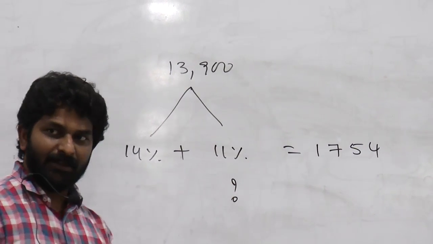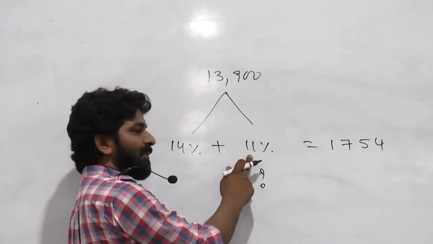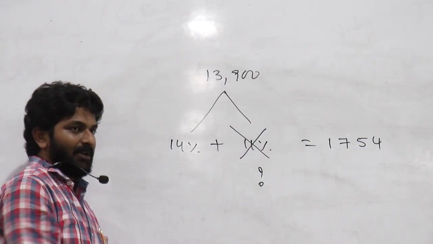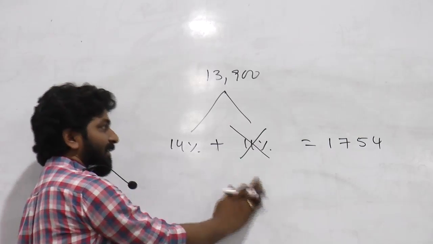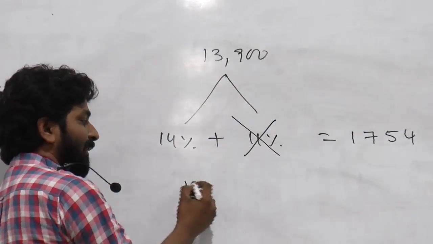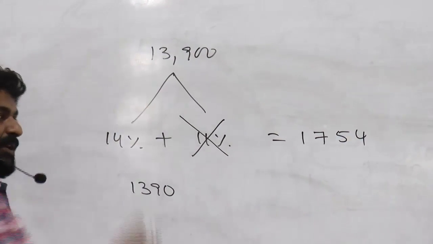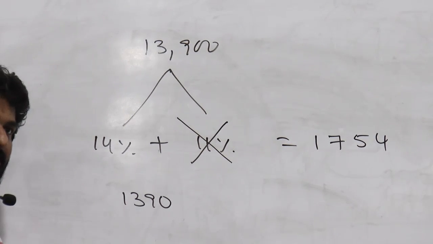Let's go for the reverse method. As you are asked about scheme B, let's treat it as if there is no amount invested in scheme B. So the total money is given for 14%. Let me calculate 14% here. 10% is 1390, and then 4% again. 1% is 139, which is 1 less than 140. 4% means 4 times.